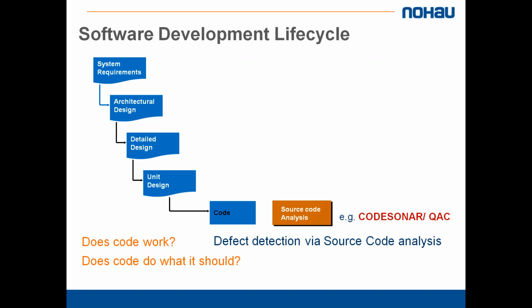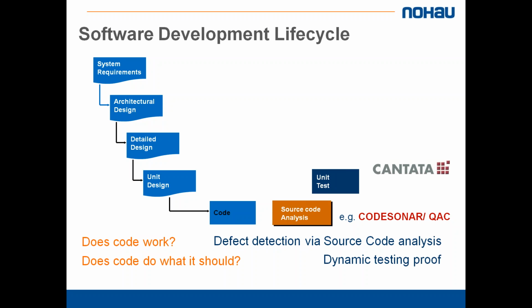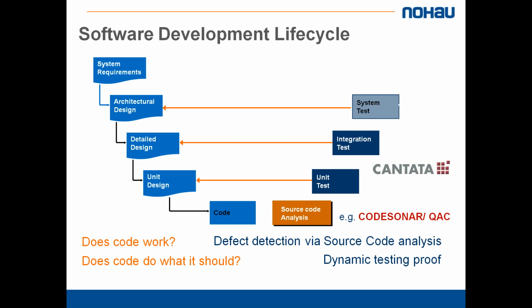When we've checked those things, it's time for us to look at the individual software units. And with the unit, we mean a function, method, or module. And this is where unit test tools come in.